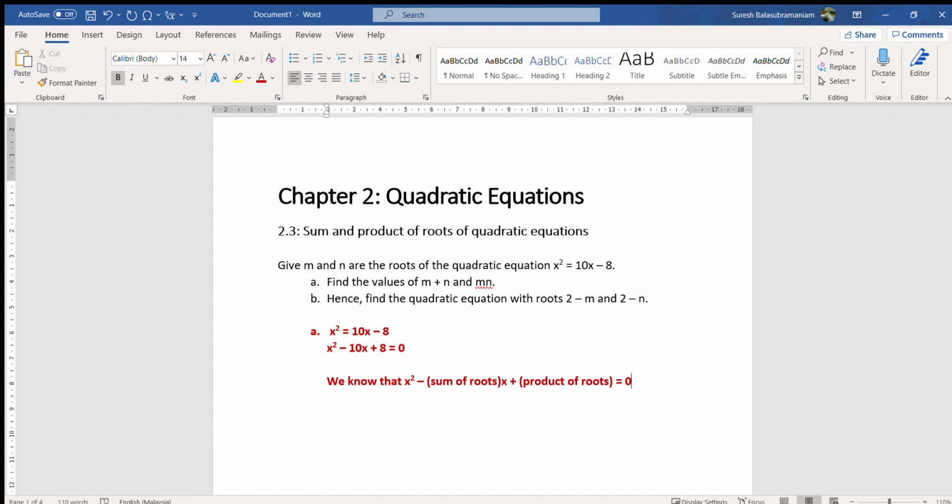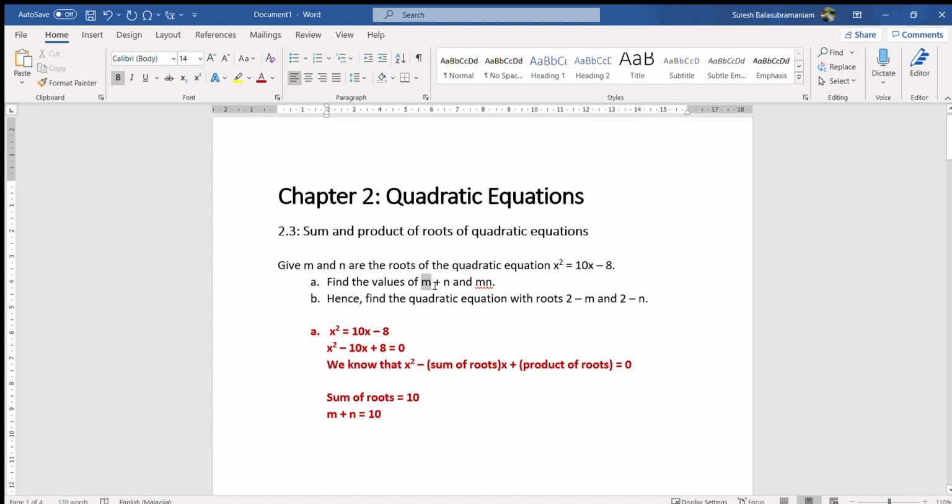From here we can compare and get to know what the sum of roots and product of roots are. So sum of roots is b with a negative sign in front, so it's negative here, and b is 10. So the sum of roots is 10 and our roots are given as m and n, so the sum of roots is m plus n equals 10. So we got the answer for the first part of A.